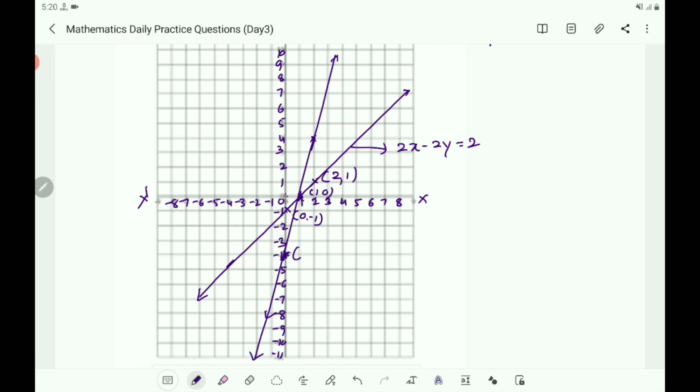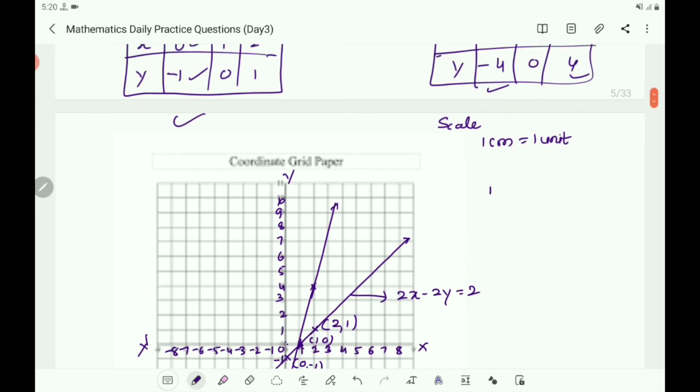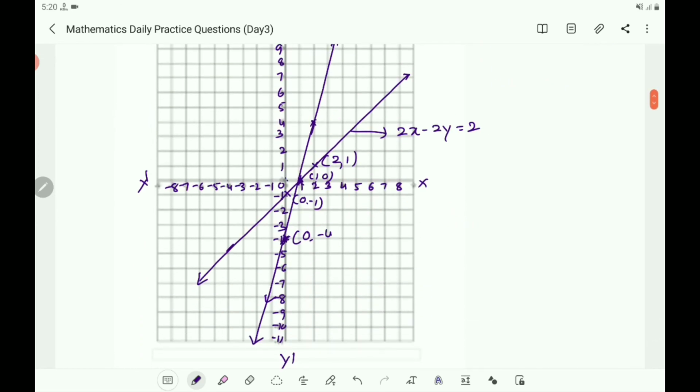So you write (0, minus 4), when x is 0, y is minus 4, then (1, 0), and this point is (2, 4). Both lines meet at the point (1, 0).